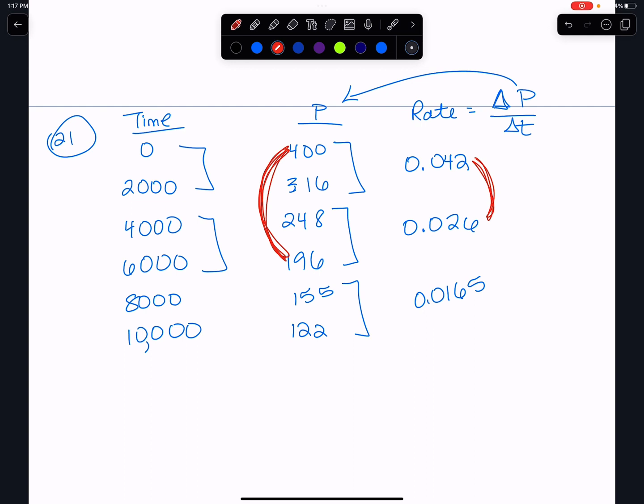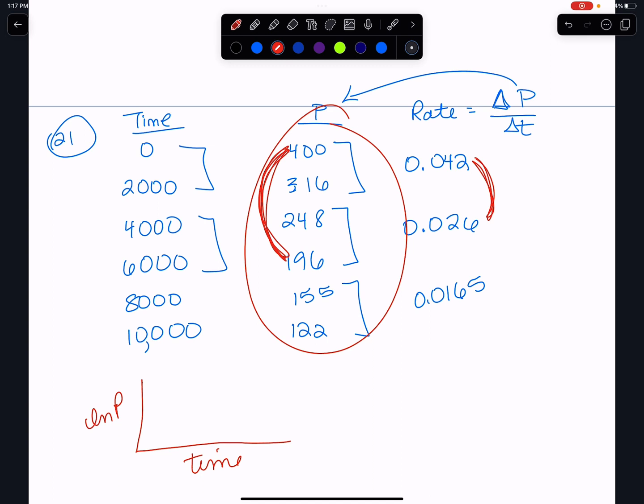Okay. Also, what I can do on that one is you could graph the information. To figure out that it's first order, you would actually graph the natural log of the pressures versus time. So you'd take the natural log of these numbers and plot it on the y-axis, and then you would plot the time on the x-axis.